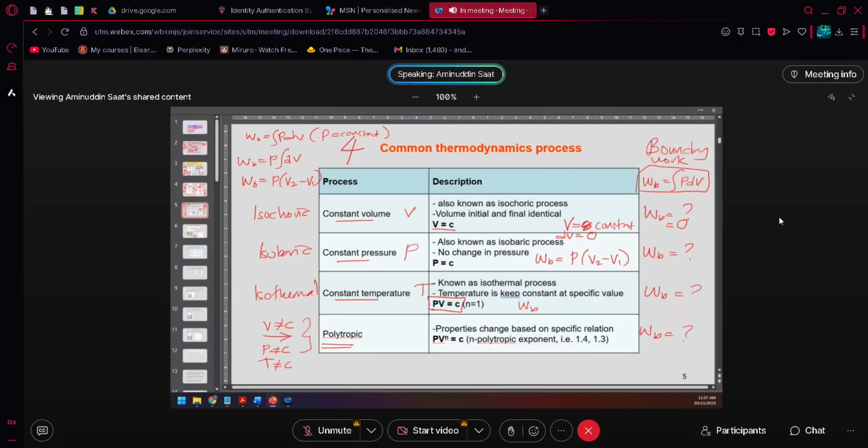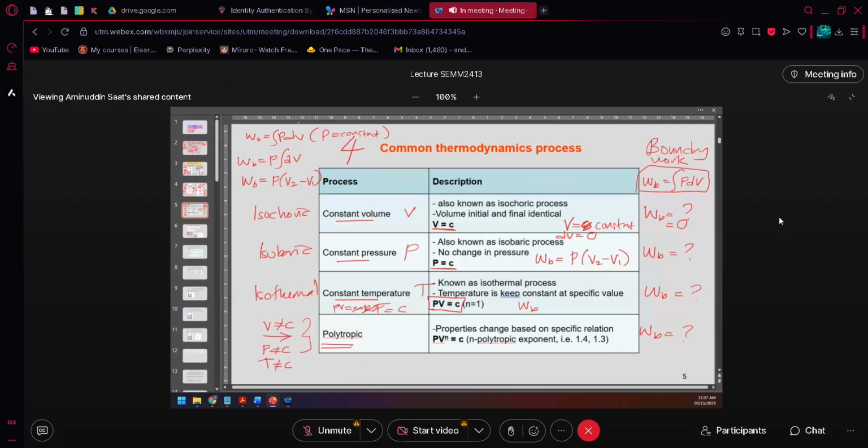Under constant pressure, P is constant. Under constant temperature, PV is constant. How they got this is basically using the PV equals mRT relation. R is constant, and m is also constant for the closed system. So PV equals C. That's why you get this relation, PV constant.